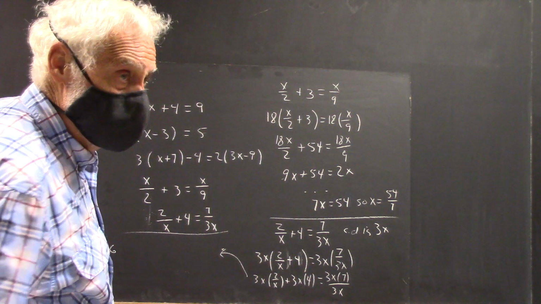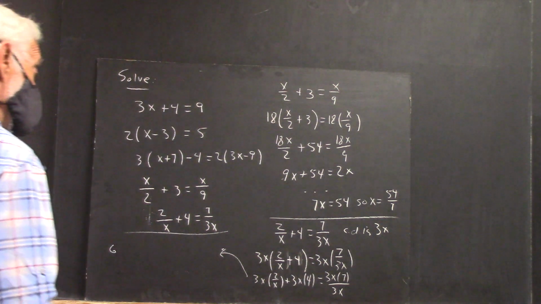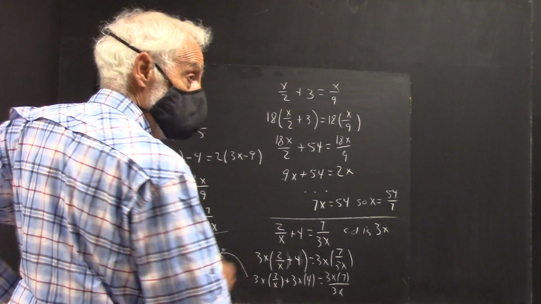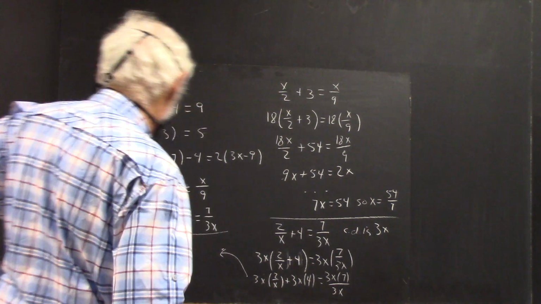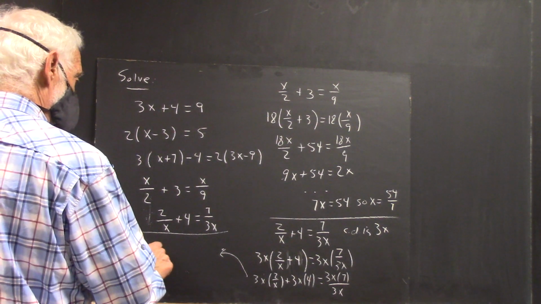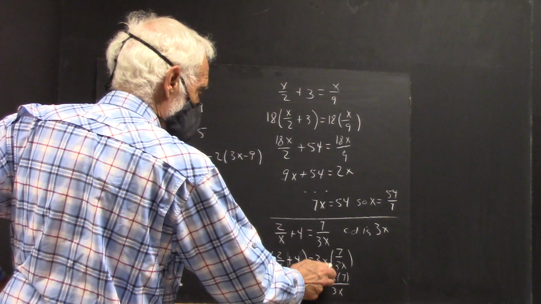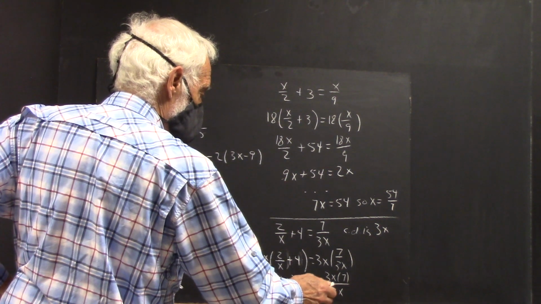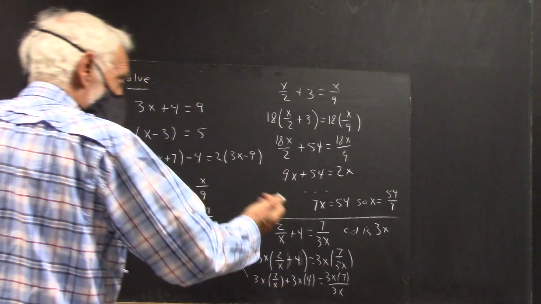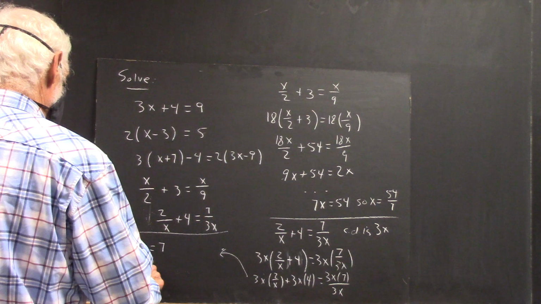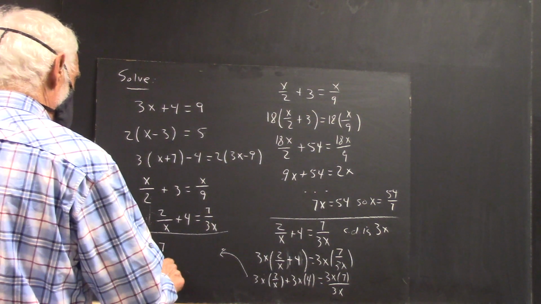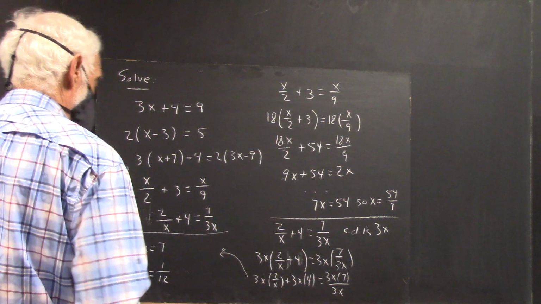I'm going to have to play around with the rules for fractions, but 3 times 2 is 6, and then you have x divided by x. Then you have 12x. Over here, 3x divided by what? 3x divided by 3x is just 1, and you're going to get 7. So you're going to subtract 6, you're going to get 1, you're going to divide by 12.